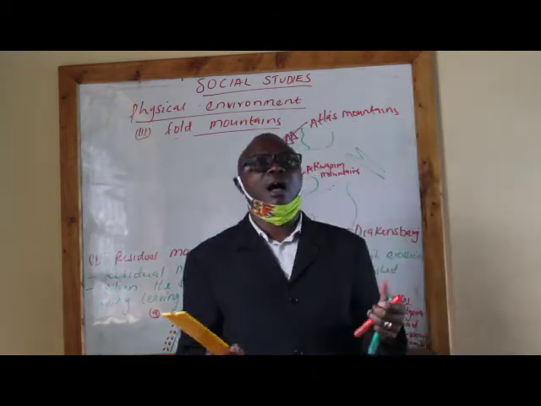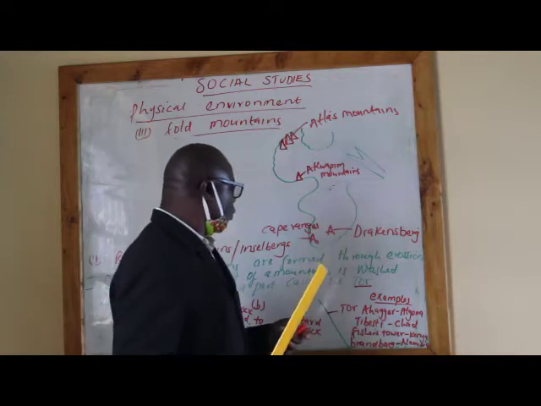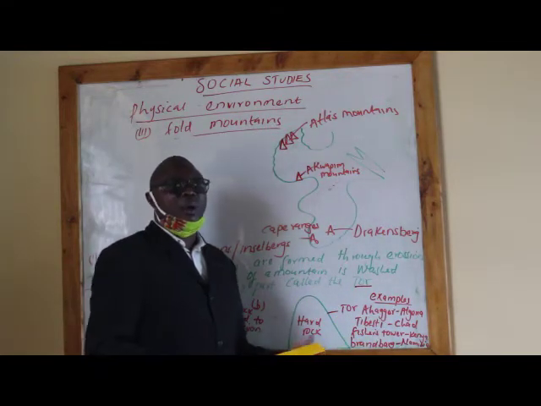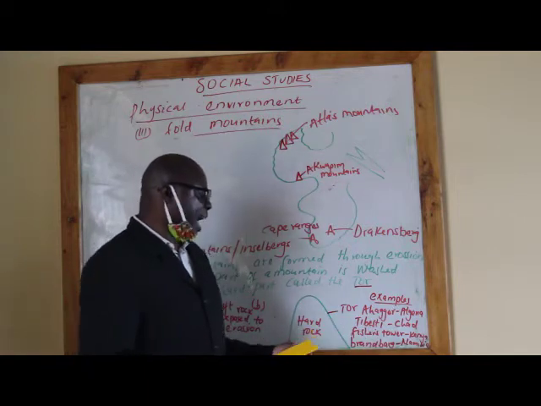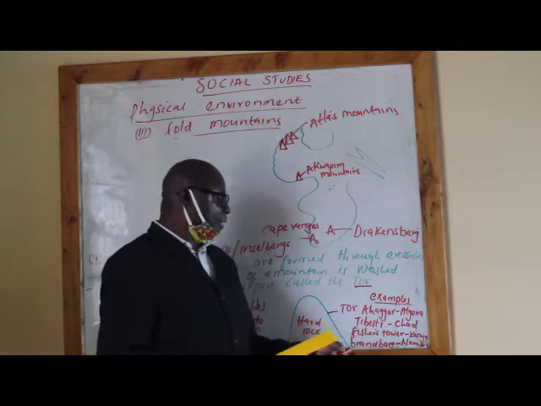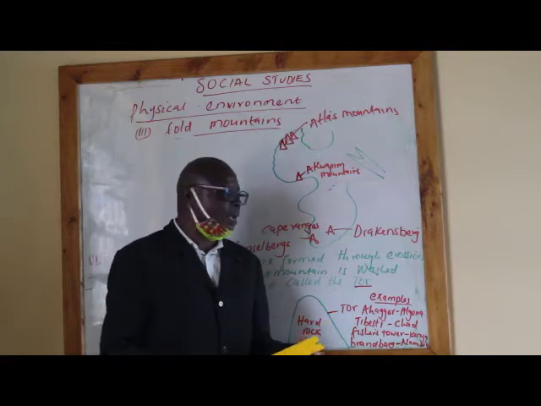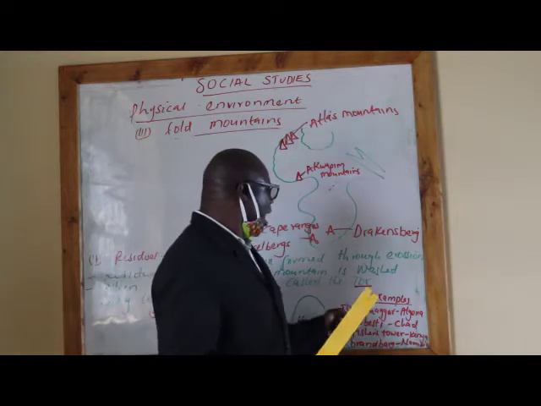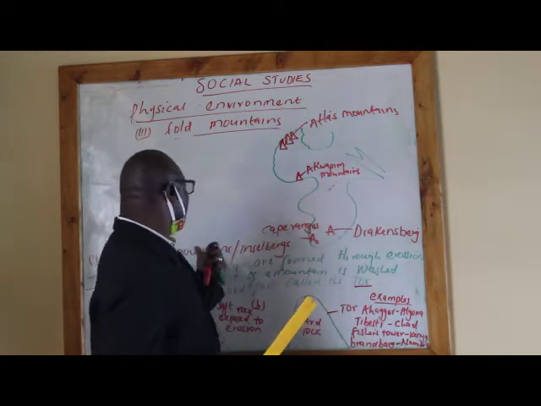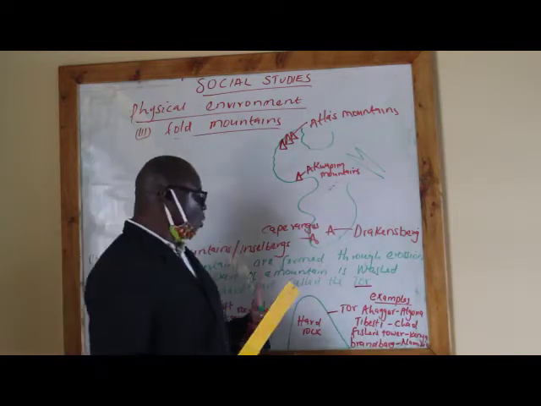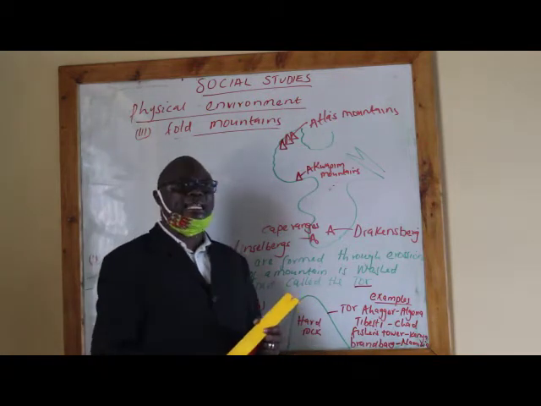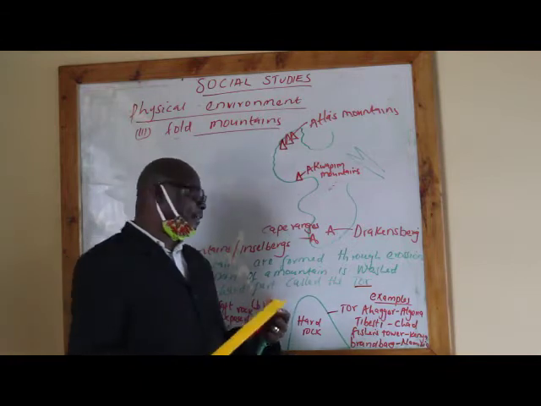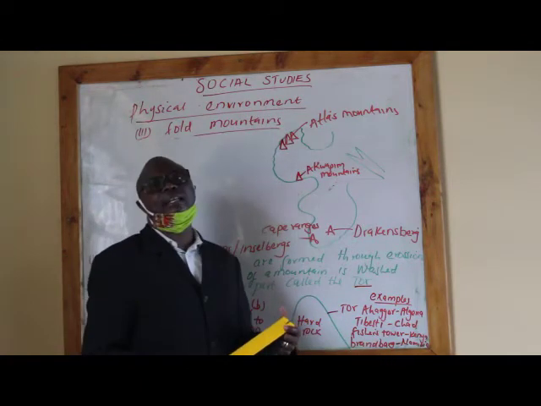Examples of these residual mountains, we have Ahaggar in Algeria, Mount Tibesti in Chad, Fisher's Tower in Kenya, and Brandberg in Namibia. These are examples of residual mountains or inselbergs.